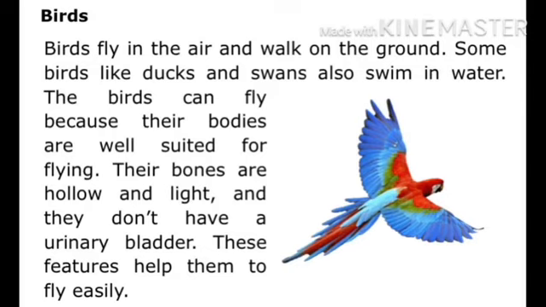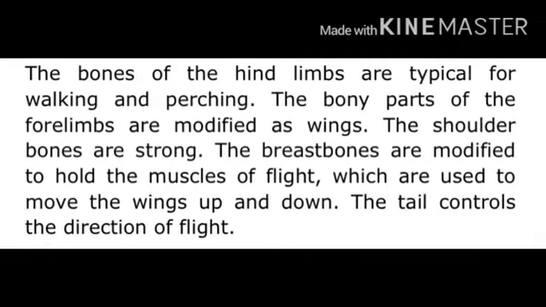Birds can fly because their bodies are well suited for flying. Their bones are hollow and light and they do not have a urinary bladder. These features help them to fly easily. The bones of the hind limbs are typical for walking and perching.